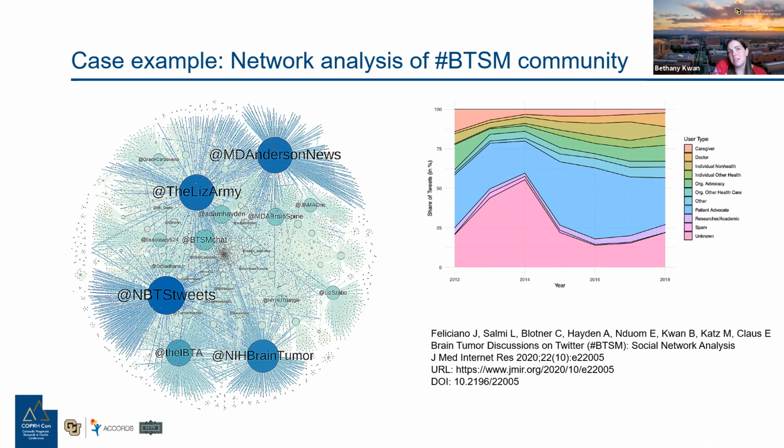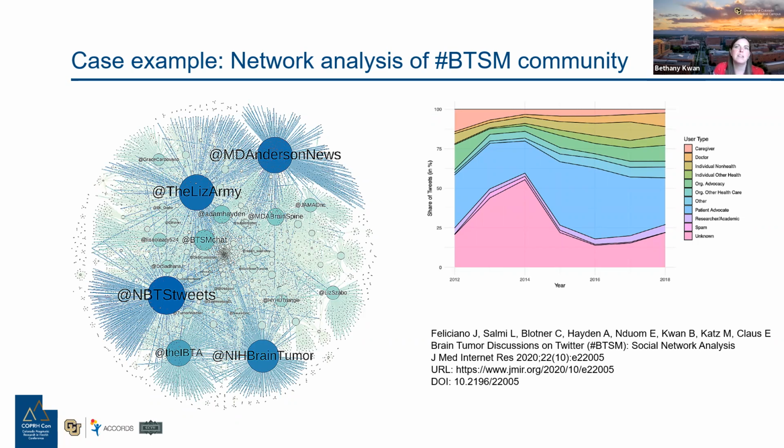And what this helped us see is both who are the messages coming from, who's helping to lead this work. So if we were to go share messages, disseminate what we're learning in brain tumor palliative care research, who do we want to go to encourage them to share our content?